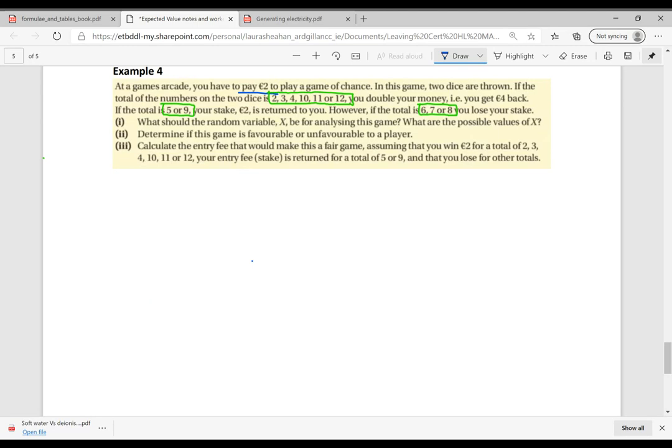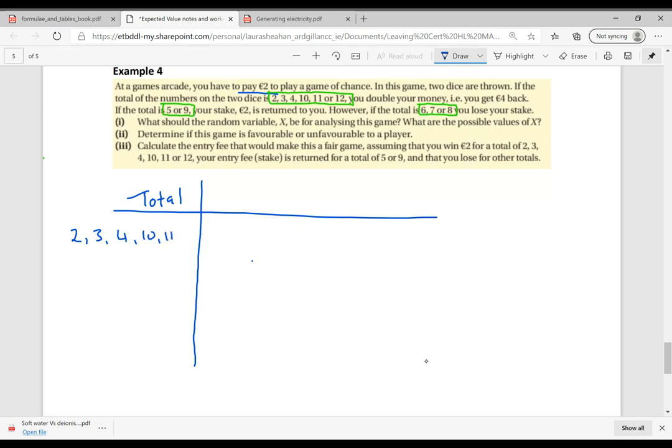Okay. So if my total amounts to 2, 3, 4, 10, 11, or 12, so if it amounts to any of those numbers, I'm winning €4. Okay, my x is €4. All right.